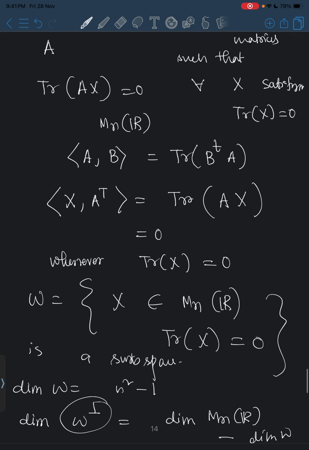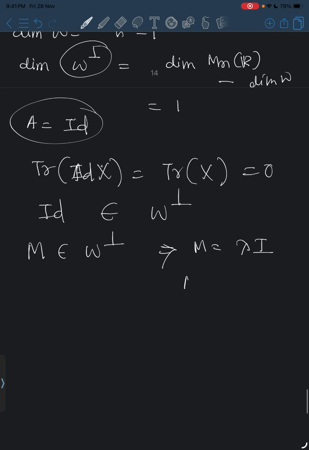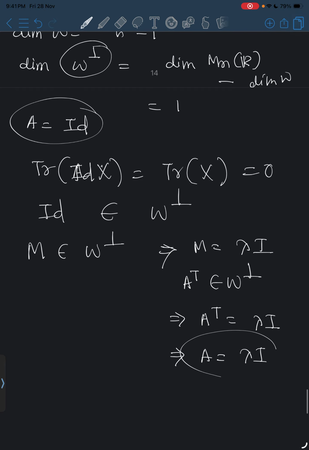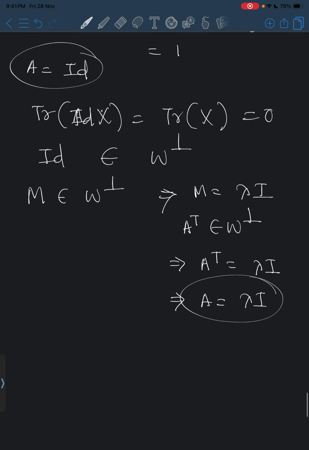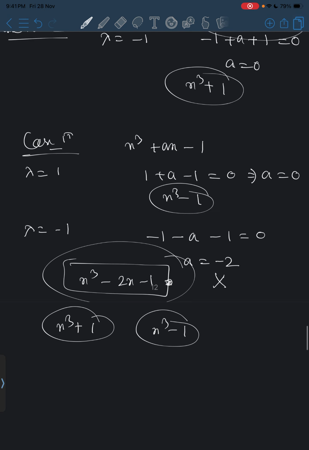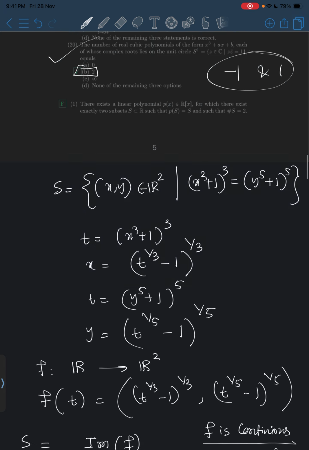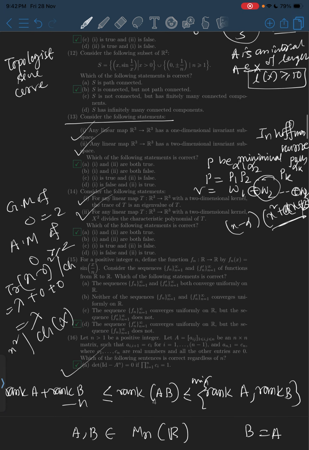And here from this condition, A transpose is in W perp. So then A transpose equals lambda times identity. From there you will get A equals lambda times identity, which is scalar. And then you are done. Just check. So A is scalar, right?